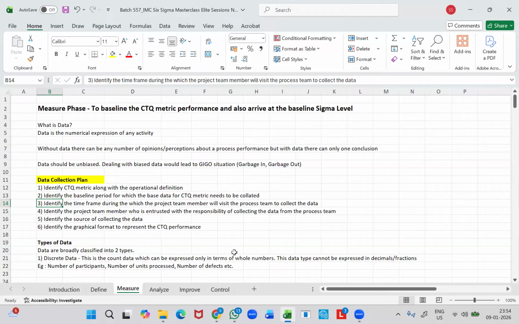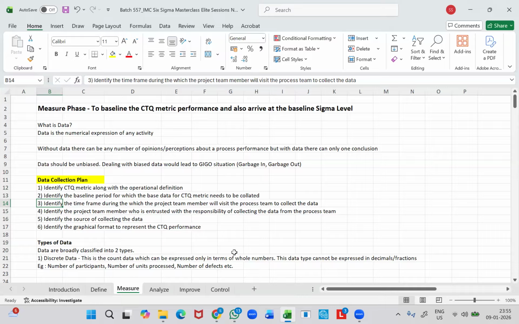So the second week of January 2026 needs to be mentioned as pointer number 3. Clear? While pointer number 2 will be mentioned as January 2025 to December 2025. For pointer number 3, we will mention the second week of January 2026 as the timeline where the project team representative will visit the process team lead and collect the base data for the CTQ metric, right?